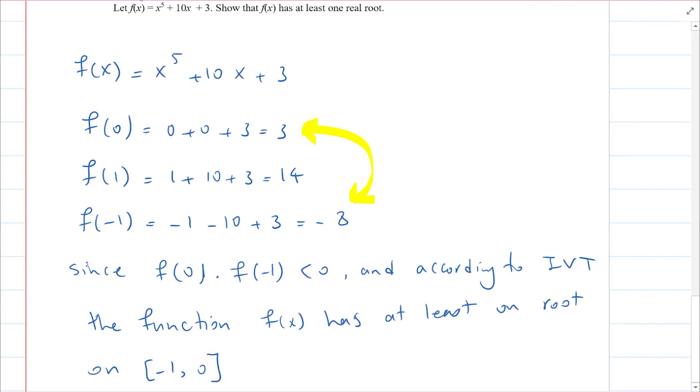So the function has a root, or at least one root here, and that means overall the function has at least one root. So this is one application of intermediate value theorem, which is commonly the case in first year calculus.